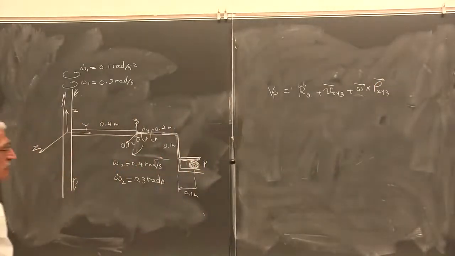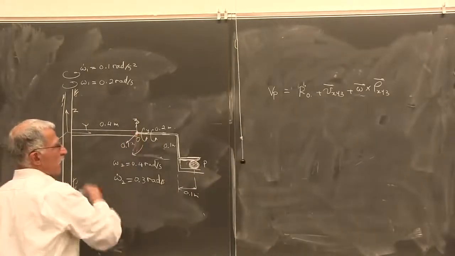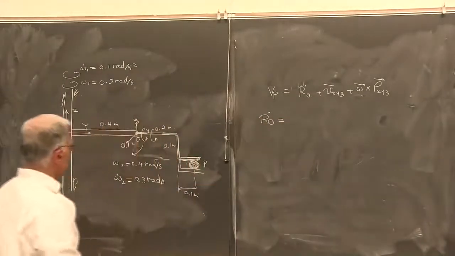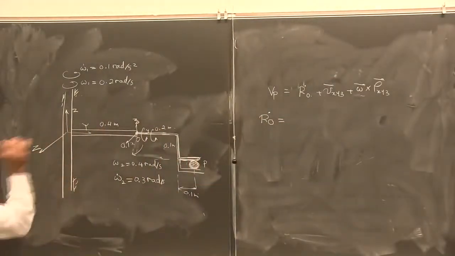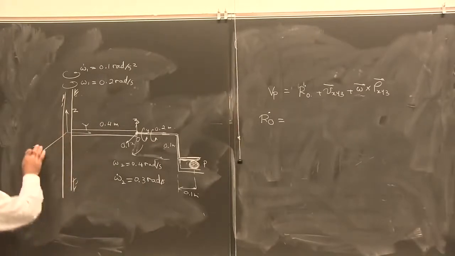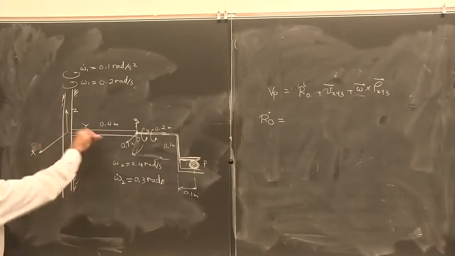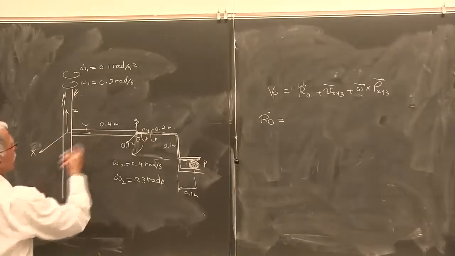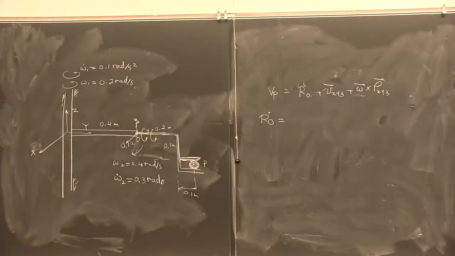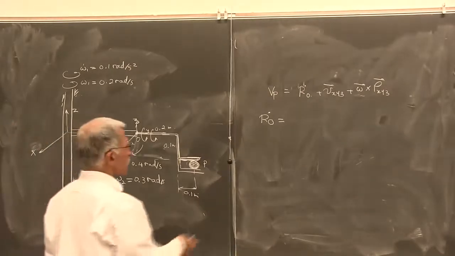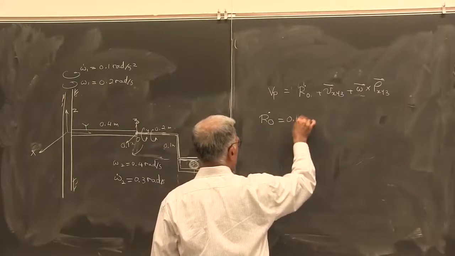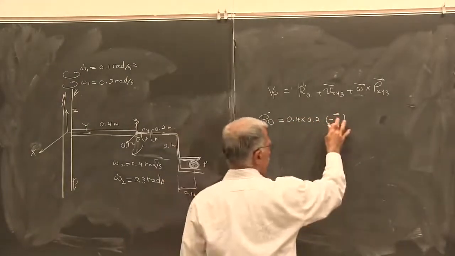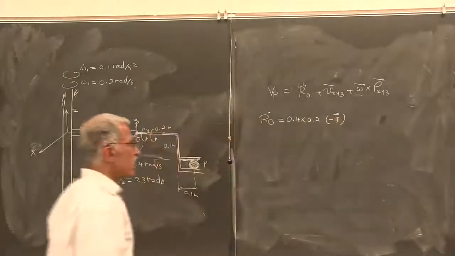And at this instance, r dot O is simply going around the circle, going into the page, and that is basically omega 1 times r, 0.2 radian per second. So r dot O is 0.4 times 0.2, and the direction is negative I. We can call it capital I.